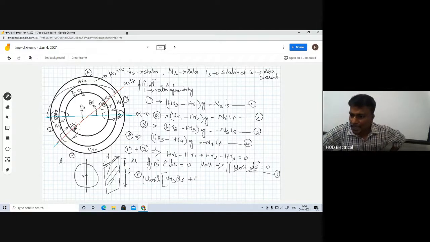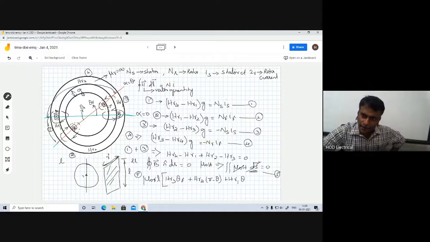Therefore, we can write HR4 into pi minus theta plus, then in this region HR1 into theta. Then what about this region? Pi minus theta, this region. I am writing 4 sectors. So plus HR2 into pi minus theta equal to 0.